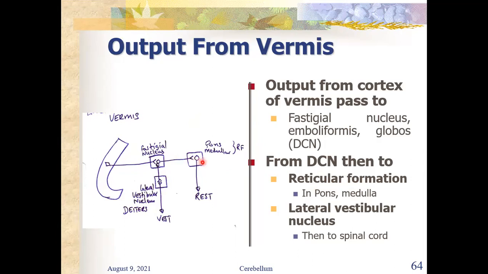So they form the reticulospinal tract. They can descend as the reticulospinal tract. They can also terminate at the reticular formation in the pons. From the fastigial nucleus or the deep cerebellar nuclei, they extend to the reticular formation, the pons and the medulla, and then descend as the reticulospinal tract.